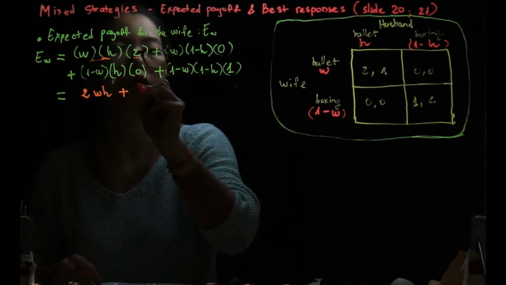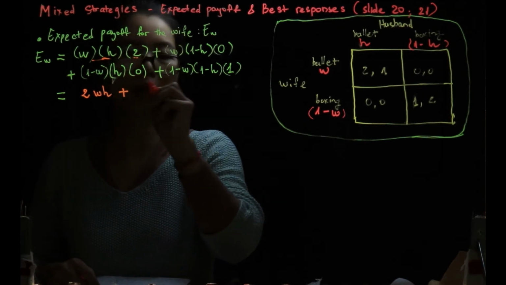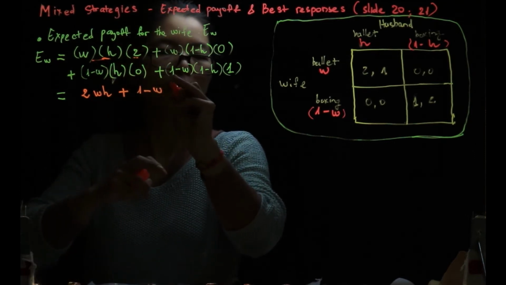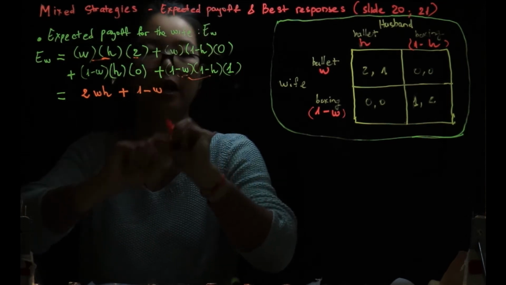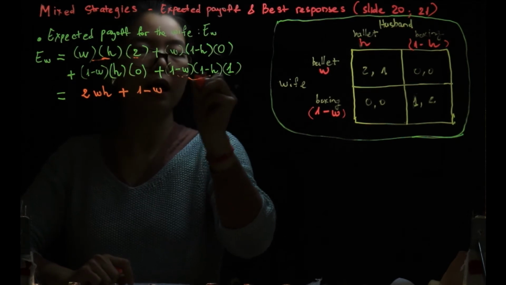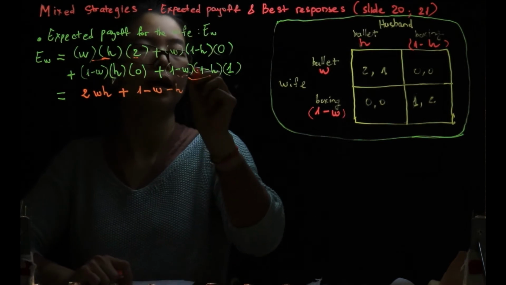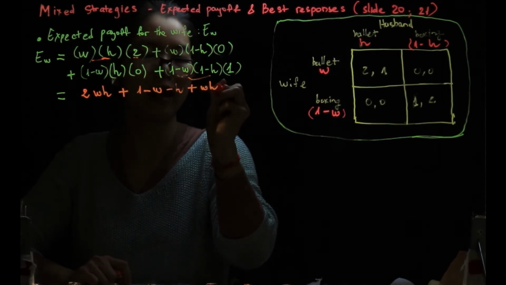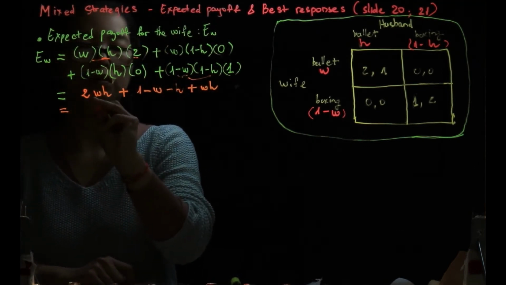Just focus on the product of these two probabilities. So 1 minus W times 1, you could rewrite already as 1 minus W. And the next thing is 1 minus W times minus H, right? So 1 times minus H is minus H. And then minus W times minus H, which is plus WH, right?